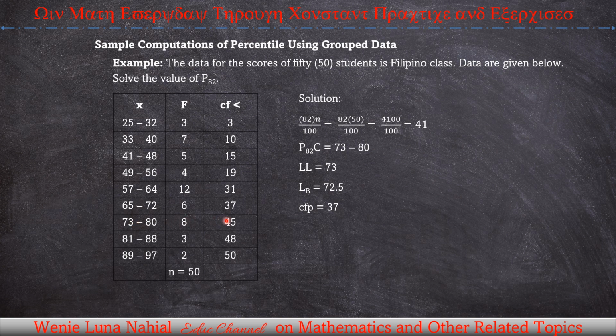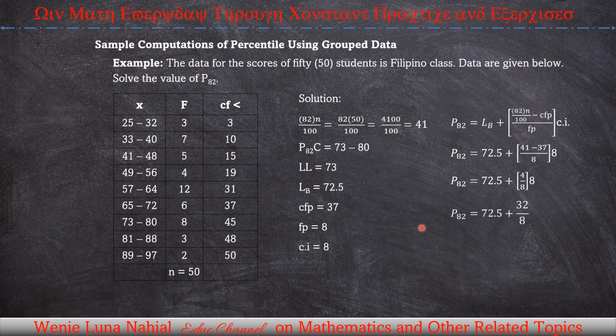Then the cumulative frequency is 37. That's before 45. Then the frequency of the percentile class is 8. Then the class interval is 8. So use the formula. Again, you just have to substitute, then do the calculation. So we get 76.5.